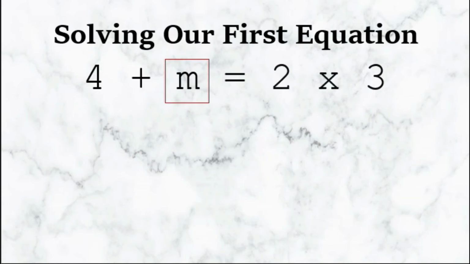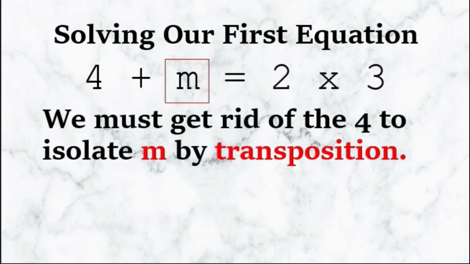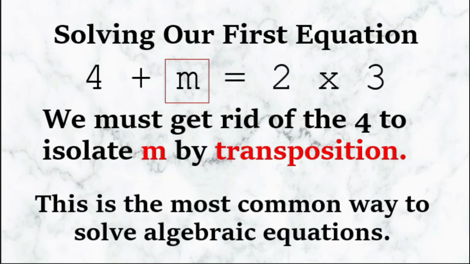In solving our first equation, we must get rid of the 4 to isolate m by transposition. Actually, this is the technique we use in solving. In this algebra lesson, I introduced to you a technique known as transposition. This is the most common way to solve algebraic equations.